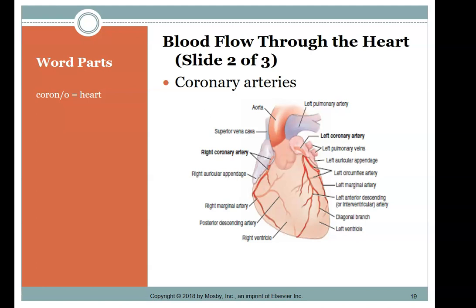The other main branch of the RCA, which is the right coronary artery, is the marginal artery, which divides to form the acute marginal artery. And the word part for this will be corono, which equals heart.